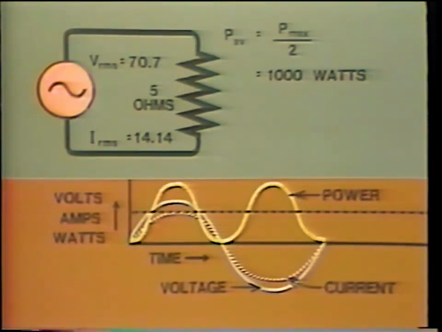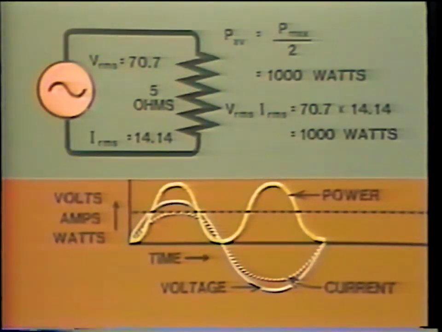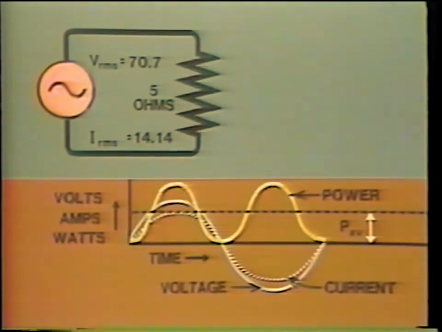But look what happens when we multiply RMS voltage by RMS current. 70.7 volts times 14.14 amps equals 1,000 watts of power, the same value as we just calculated. Therefore, the average or effective power in a resistive circuit is simply the product of RMS voltage and RMS current.